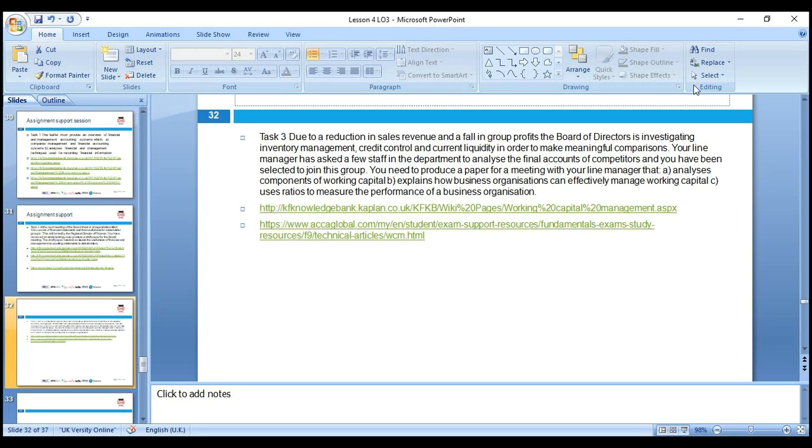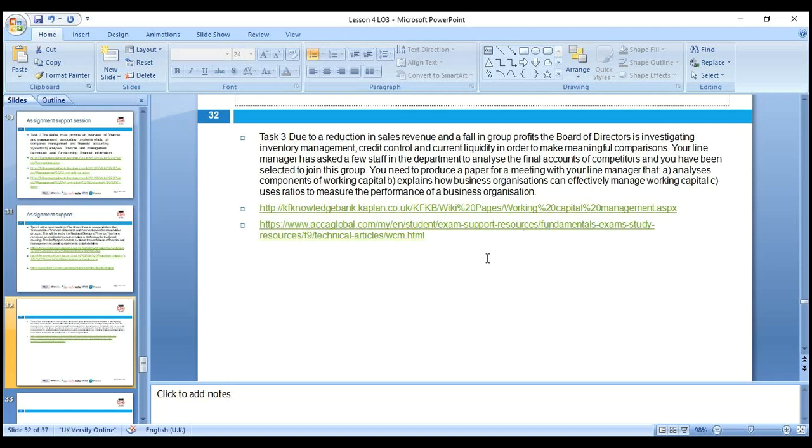Working capital is the capital which is in the company that we have, those invested, all your current assets minus current liabilities. That's called the working capital.